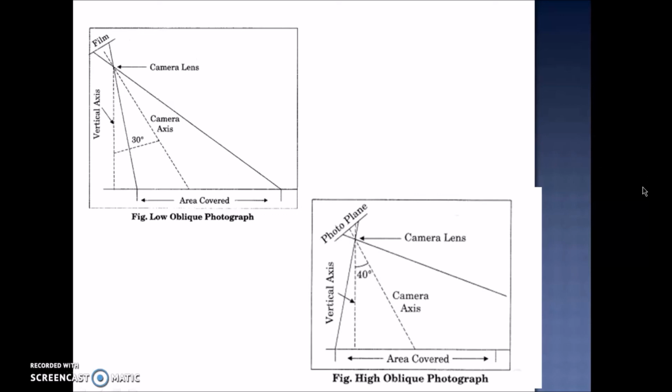We have discussed what aerial photogrammetry is, and how many types of photographs there are. If you are taking from an aerial view, how the photograph shows up: if it shows up exactly vertical, we call them vertical photographs. If it is tilted other than the inclination of 90, we call them oblique. Oblique also has two different types, high oblique and low oblique. All these have been covered in today's topic.